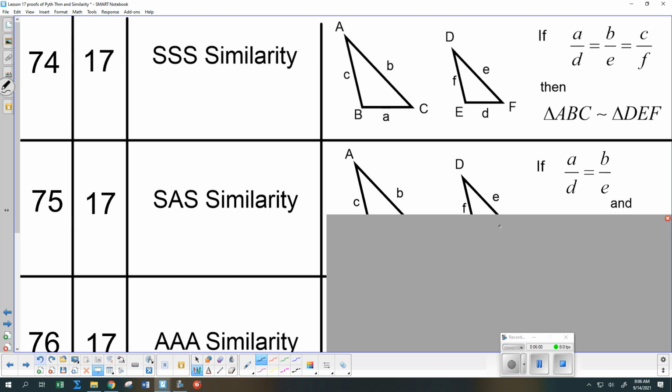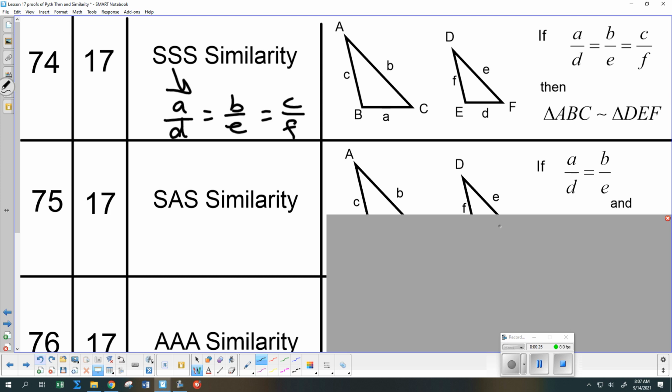So SSS means you know, or you can prove A over D equals B over E equals C over F. It does not mean the sides are the same length. It means all three sides set up the same proportion when you set up the similar triangles. If you know that, then the triangles are similar.